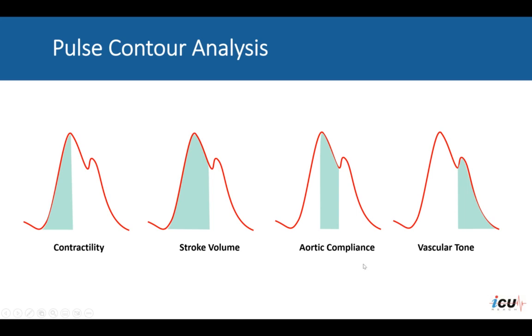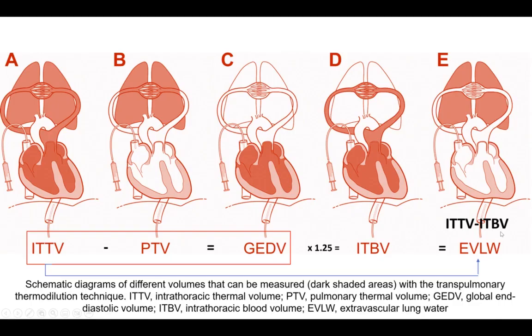You can get information about the aortic compliance by looking at the descending part of the decrease in the pressure from the peak to the dicrotic notch. And finally, you can get information about the vascular tone by looking at the decrease in the pressure from the dicrotic notch all the way to the diastolic pressure.